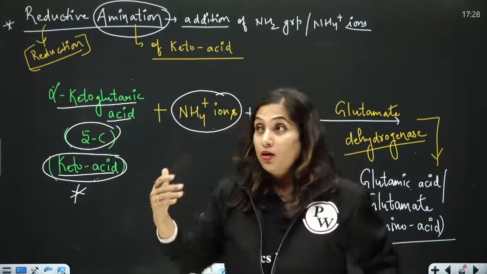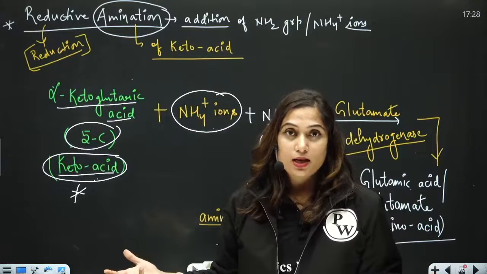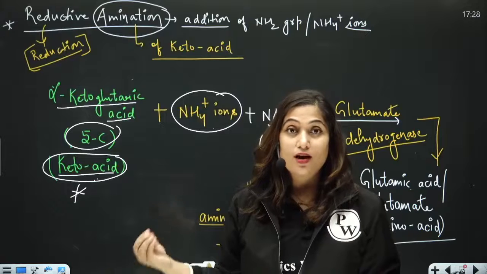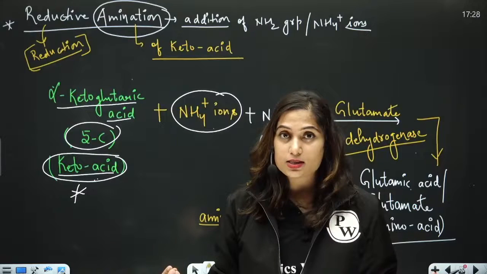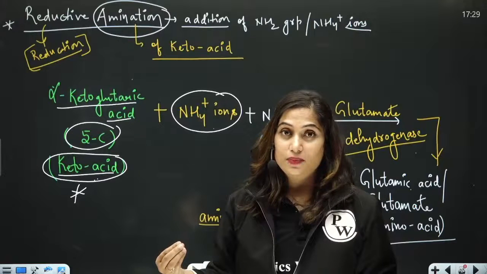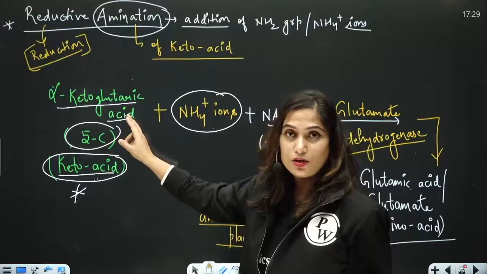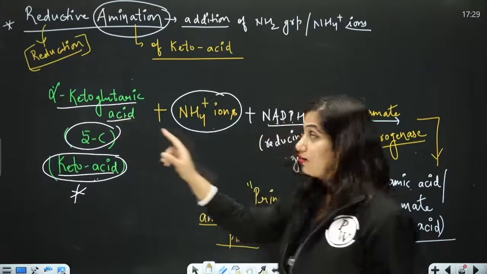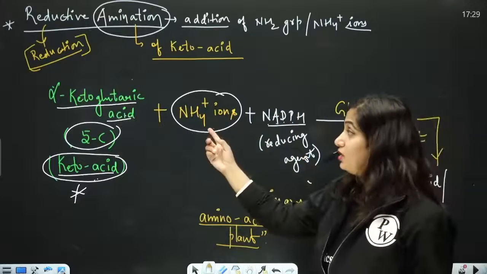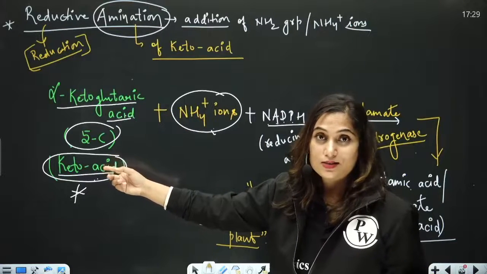So what is reductive amination? That we are reducing a keto acid and we are aminating a keto acid. So reductive amination of keto acid is going on here. Reductive means reducing, and amination means addition of ammonium ions, right?